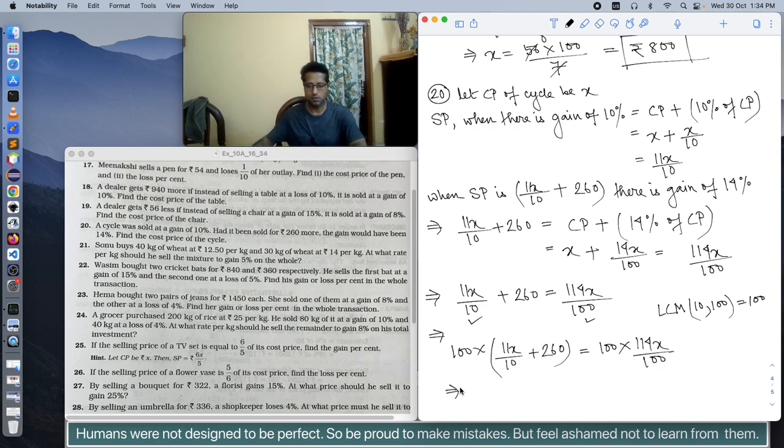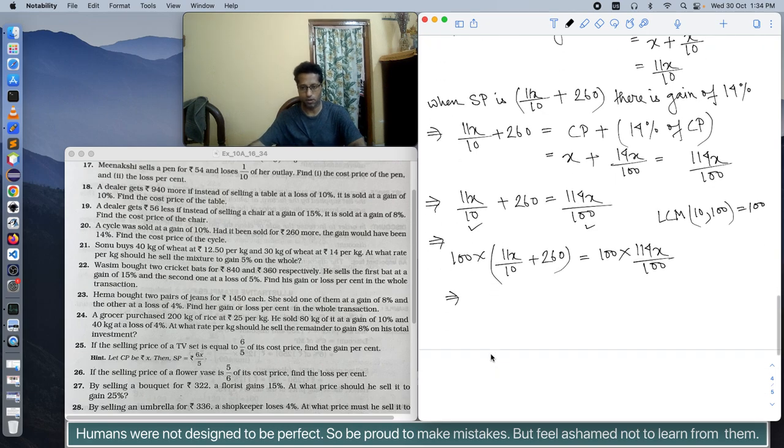If you do the product of 100 with the binomial 11x by 10 plus 260, you will get 110x plus 26000 is equal to 114x. Now if you bring all the x terms to the left hand side, usually I bring all the variable terms, x terms, to one side in solving a linear equation in one variable.